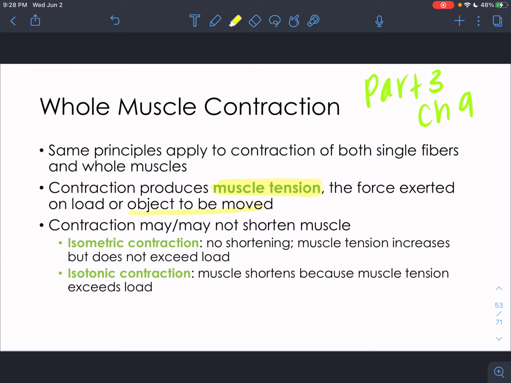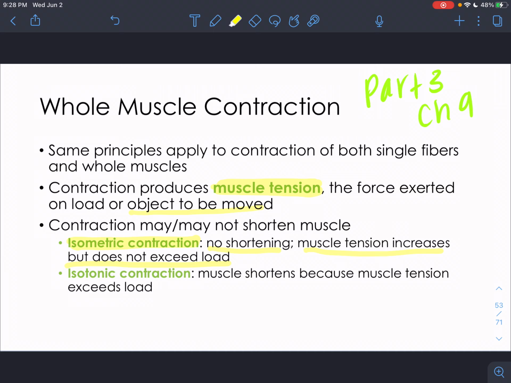Contractions may or may not shorten the muscle itself, which is a little bit counterintuitive. But we can have what's called isometric contractions, where you don't have shortening. So muscle tension increases, but does not exceed the load. So if you're just holding something in front of you, you're not contracting the muscles to shorten them.